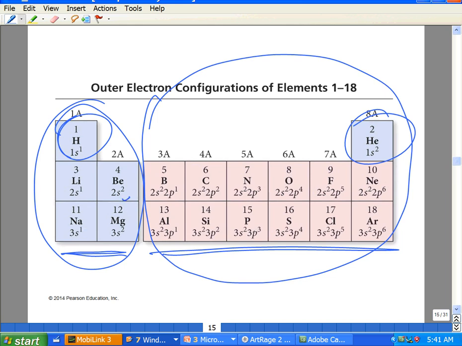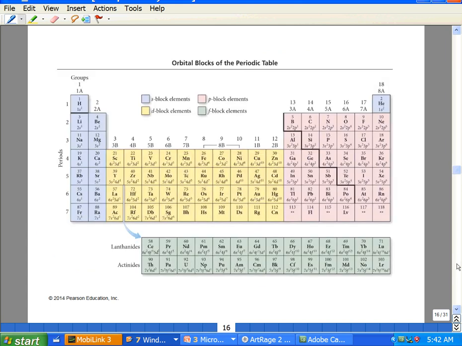Now let me go back to that one that I was just playing with. It would be nice if we had this slide in color, but these are the designations, these are the zones on the periodic table that tell you these things. So over here, as you can see, the s orbital is the highest orbital filled.